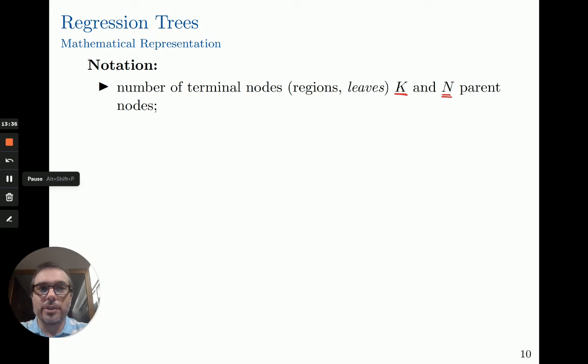Imagine a tree like that one. We have 1, 2, 3, 4, 5 terminal nodes, so K equals 5, and we have 1, 2, 3, 4 parent nodes, so n equals 4.